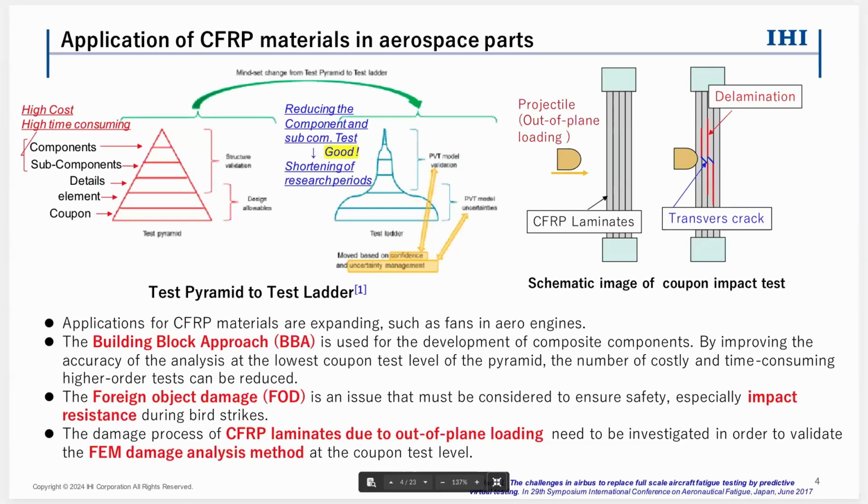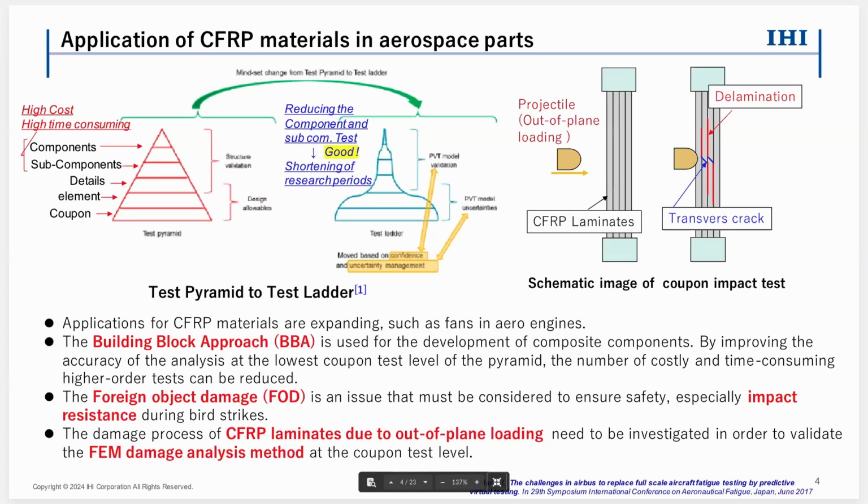At the top, the highest levels, the component and subcomponent tests are high cost and time consuming, so we need to reduce the number of tests of components and subcomponents. By improving the accuracy of the analysis at the lowest coupon test levels, the number of costly and time-consuming higher order tests can be reduced.